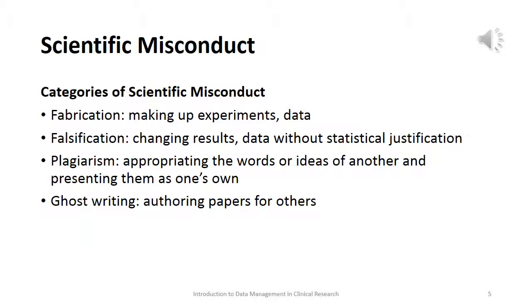Many of you are probably familiar with what plagiarism is. And then finally, we have ghostwriting. Ghostwriting refers to the authoring of papers for others, and this can be done in an academic setting, or a lot of times it's done in a professional setting, but it is an example of scientific misconduct, and we need to be aware of it.